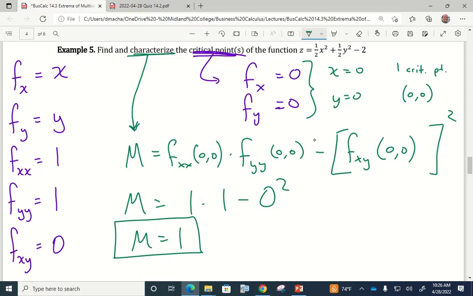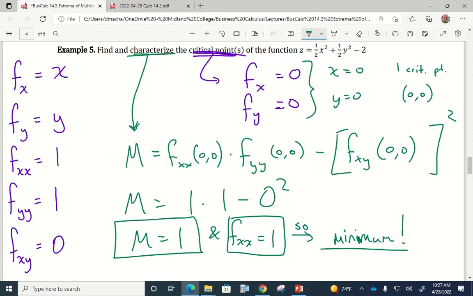My second derivative with respect to x is positive. So that means that I'm actually looking at a minimum. So that critical point I found at the origin has to be a minimum.